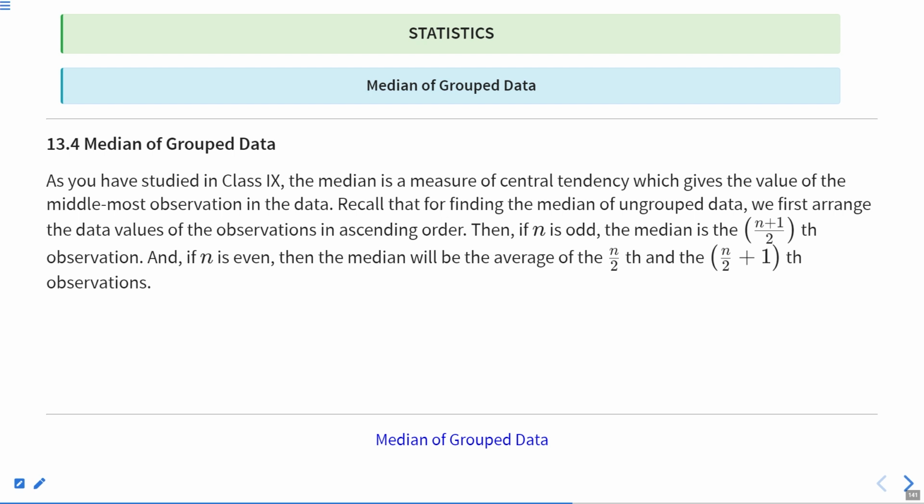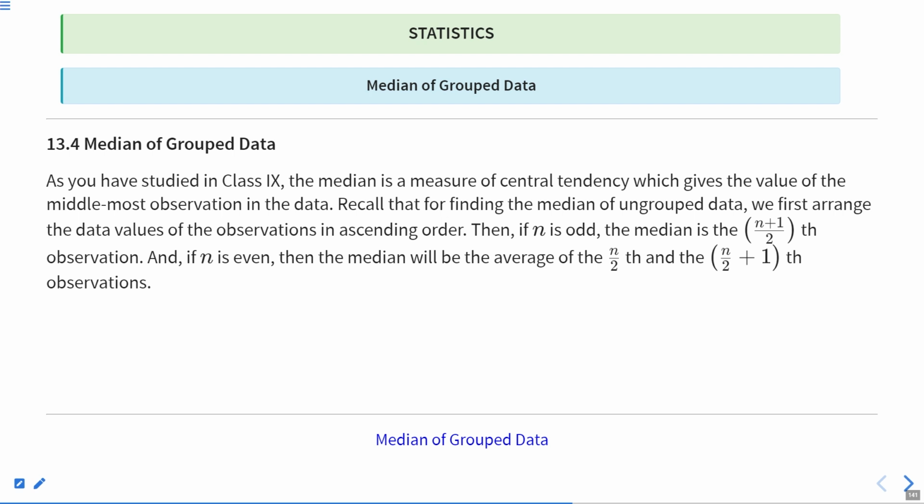So we first arrange the data values of the observations in ascending order.